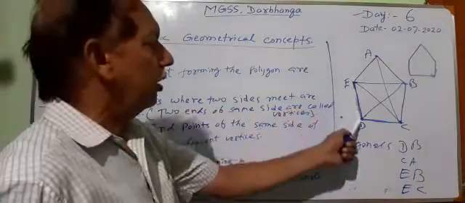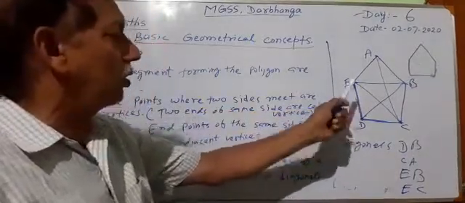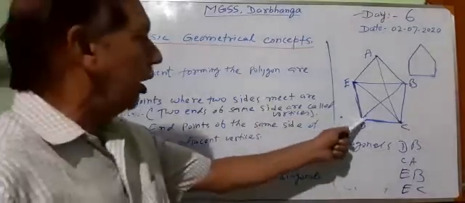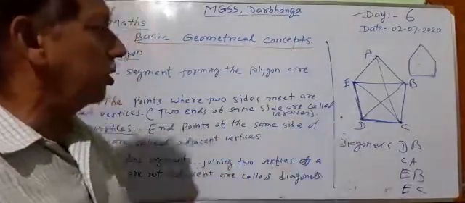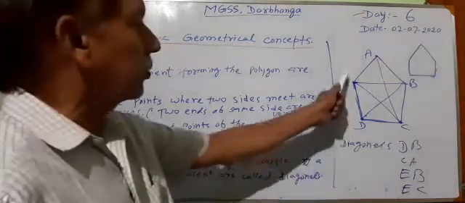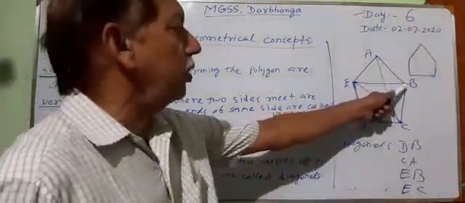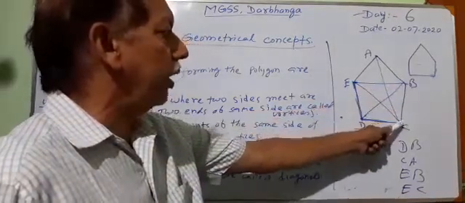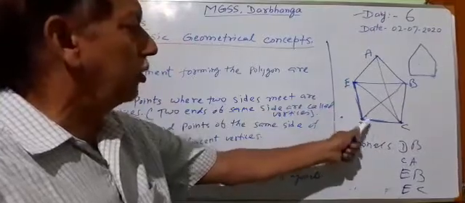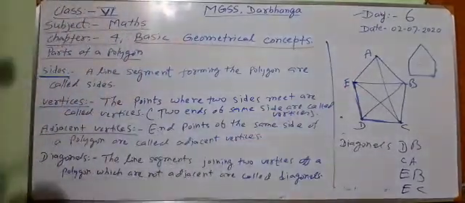The line segments forming the polygon are called sides. Then vertices: any common point where two sides meet is called a vertex. A, B, C, D, E are all vertices, because at each point two sides meet.